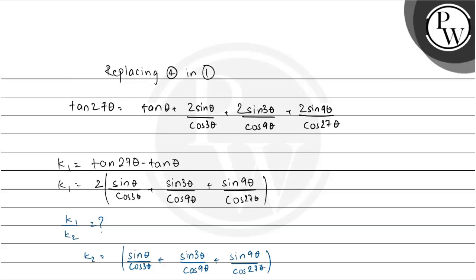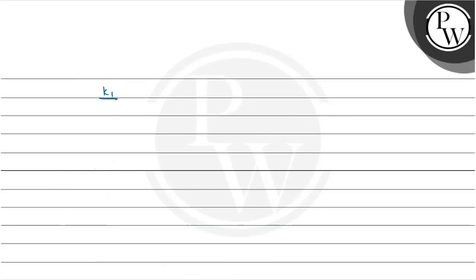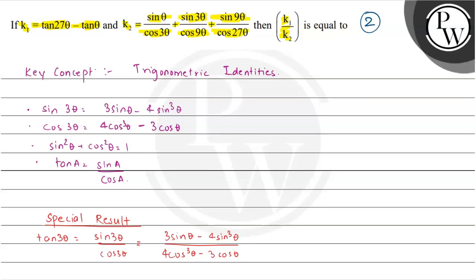And if we divide this K1 by K2, we observe that this bracket term is the same in both cases, and hence we'll cancel them off, and we'll obtain the final answer K1 upon K2 to be 2. This is our final answer. I hope you understood it well and best of luck.